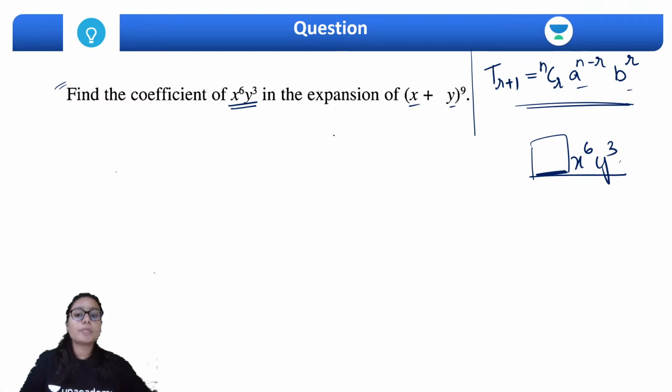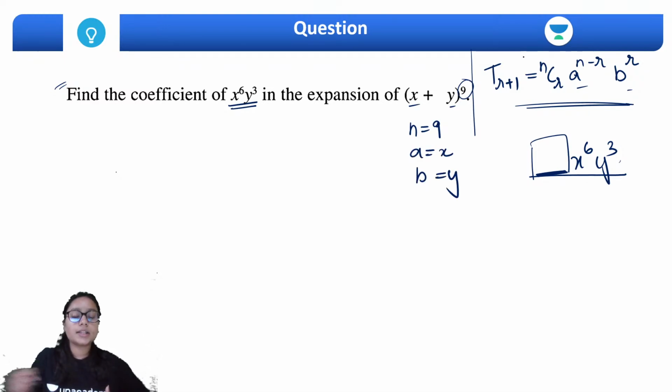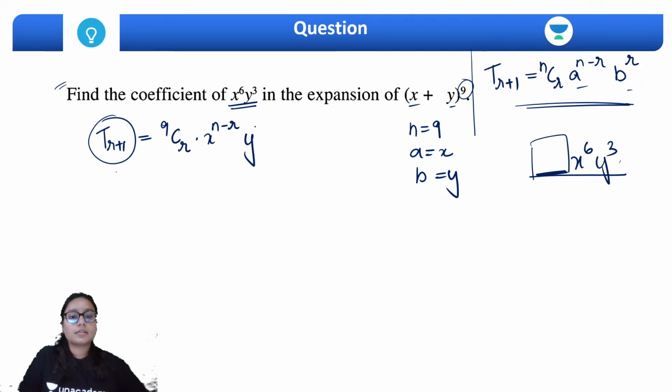From here I can clearly see that n is equal to 9, a is equal to x and b is equal to y. Let us put it in this formula. Any term that I have, T(r+1), will be 9Cr into x raised to the power 9 minus r and y raised to the power r.